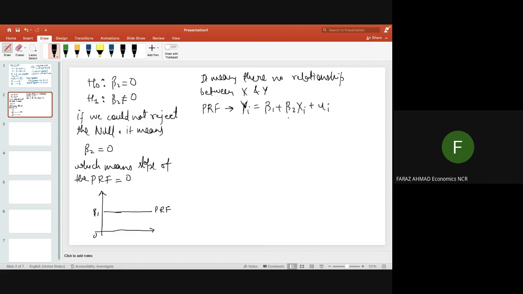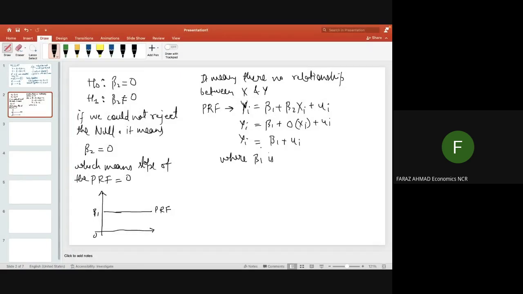If beta 2 is 0, then your PRF is beta 1 plus ui, where beta 1 is a constant and ui is the random error term.